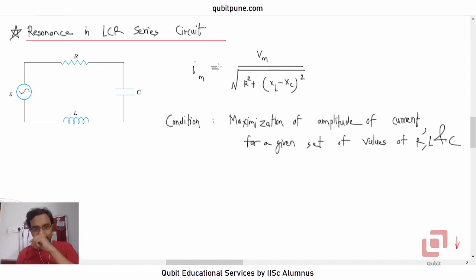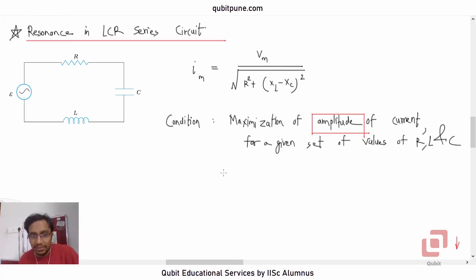How can we maximize this? I'm not saying maximizing current, I'm saying maximizing amplitude of current, because I already know that current is alternating. So this condition of maximization can be achieved by minimizing the denominator.